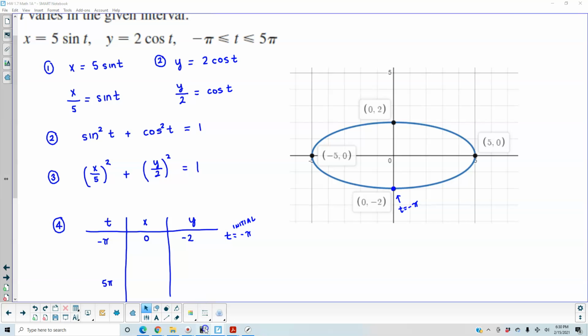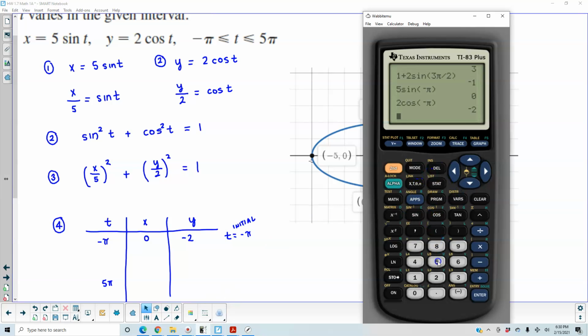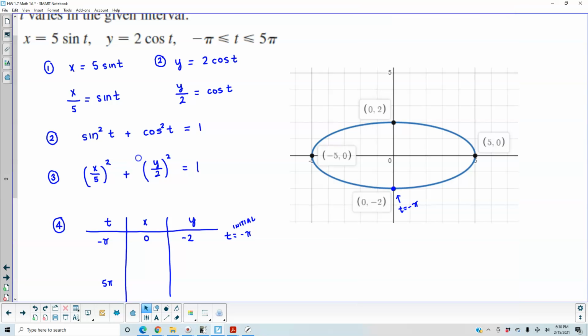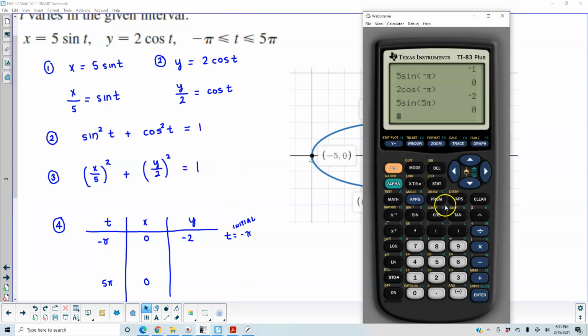Then we have 5 pi, so let's go ahead and put that in there. So we have 5 times the sine of 5 pi, which gives us 0. And then we have 2 times the cosine of 5 pi, which gives us negative 2.